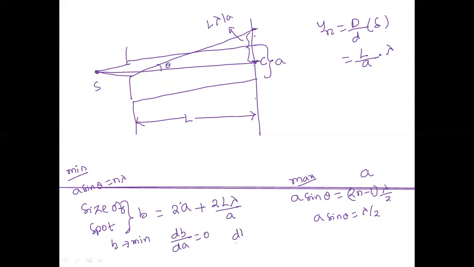So dB by dA equals 2 minus 2L lambda into 1 by A square equals 0, right?